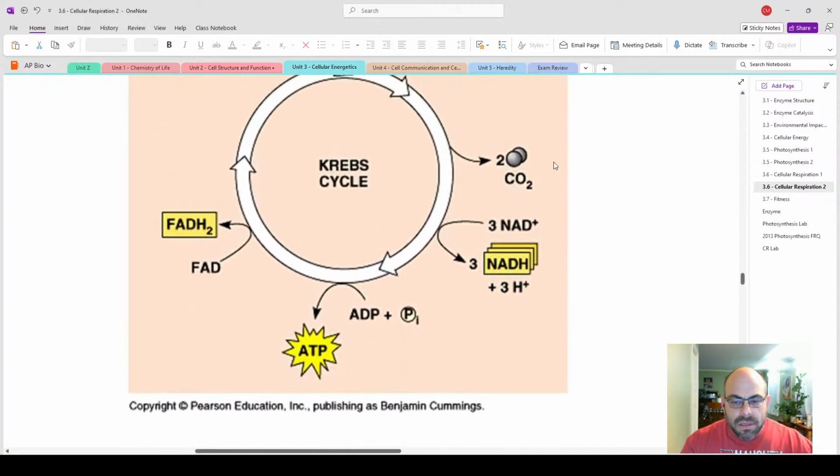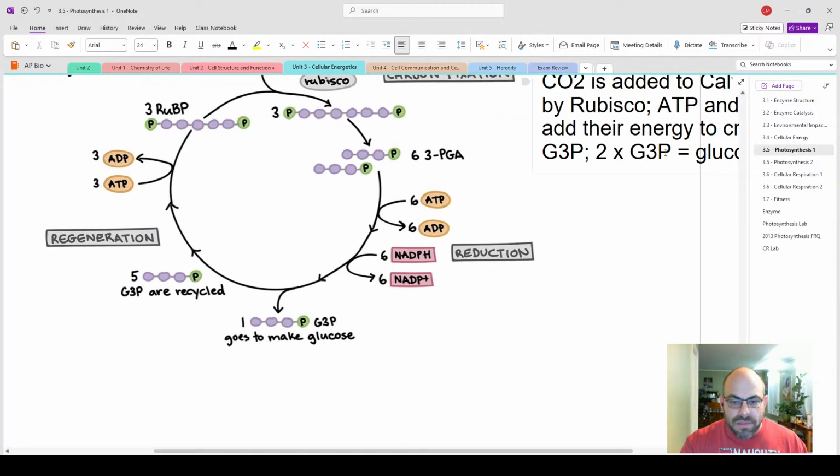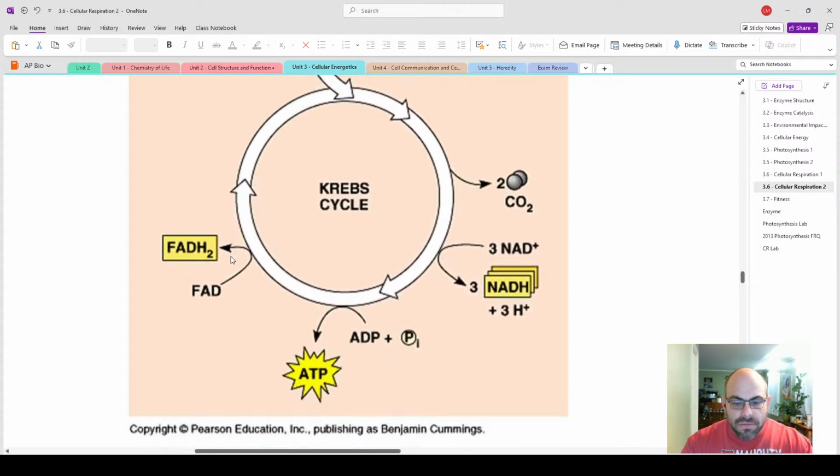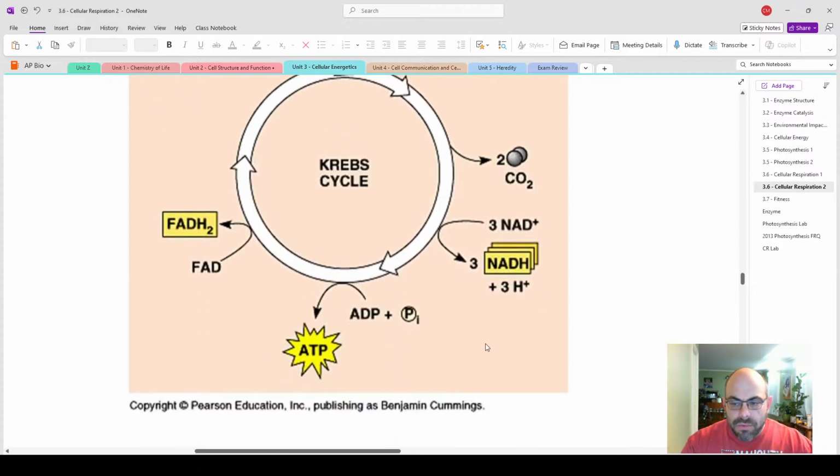And because all these carbons are broken up, again, it's an undoing of the Calvin cycle. Here, electrons were added in order to make this. Here, this is taken apart and electrons are loosed, and the NADH is going to come pick those electrons up. Also, FADH2, and an ATP is made, which is not that important.